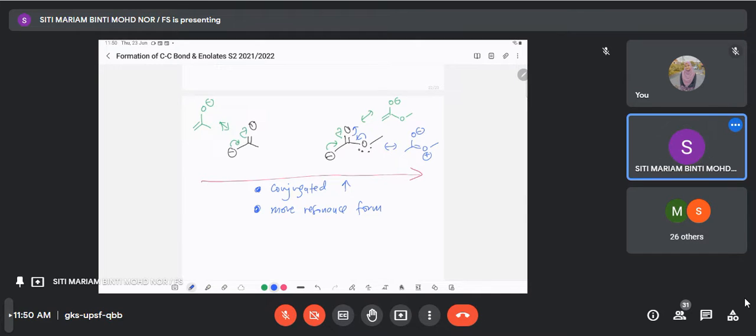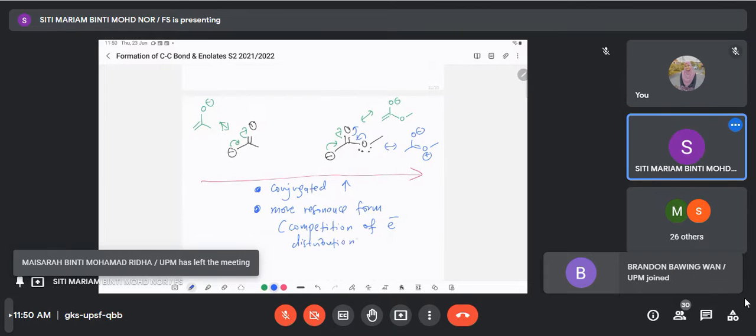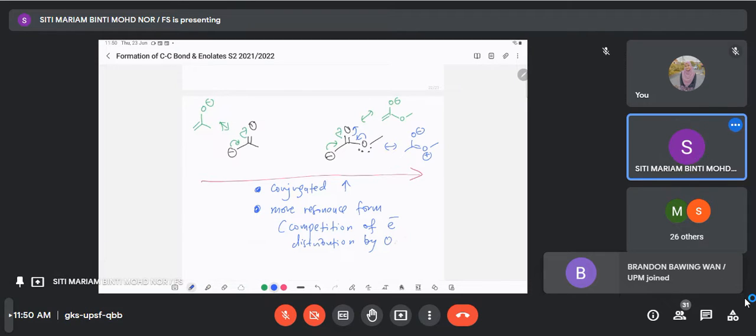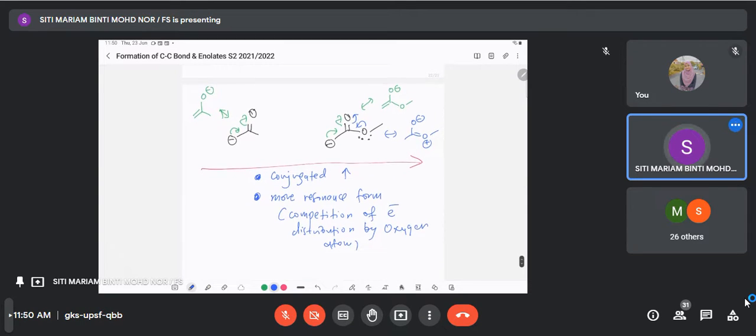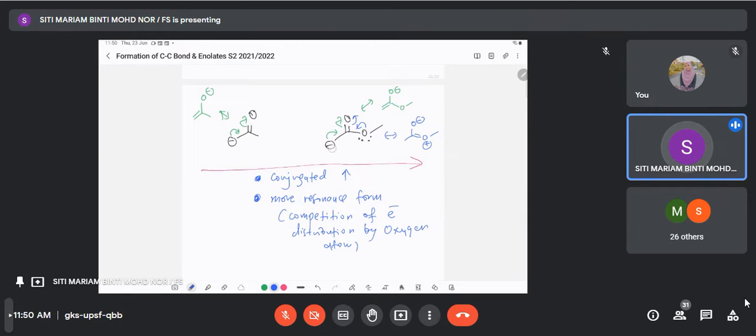So there are more resonance forms, but you have competition of electron distribution by the oxygen atom. You have competition for the structure on your right, between your carbon negative charge and the oxygen with lone pair.